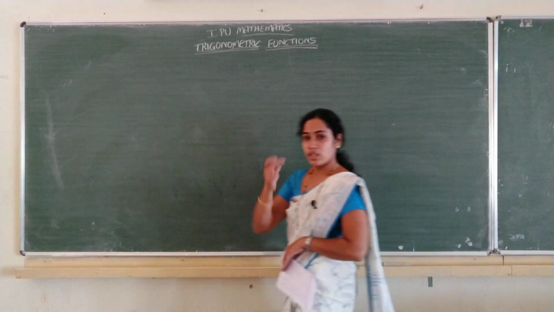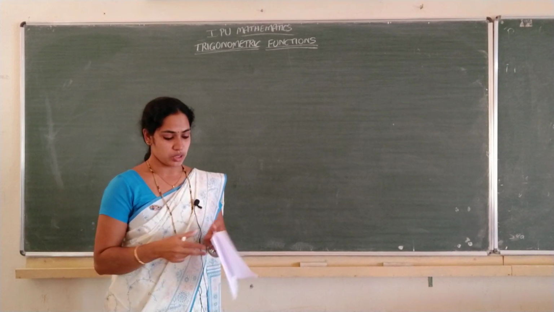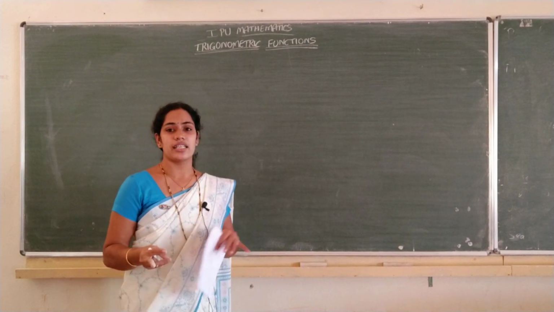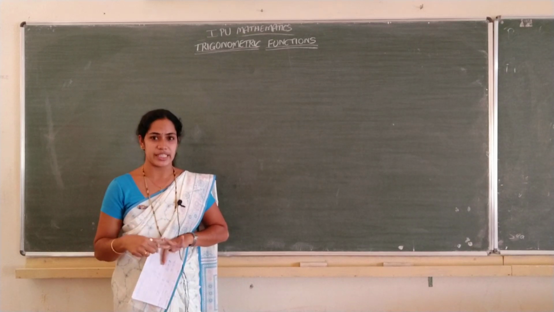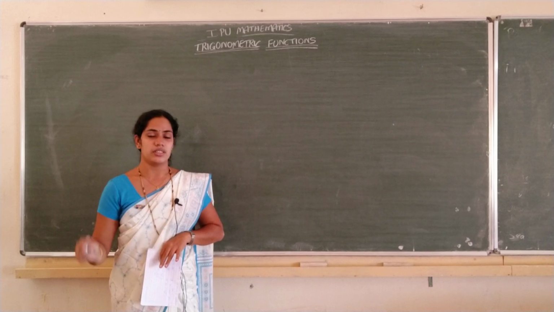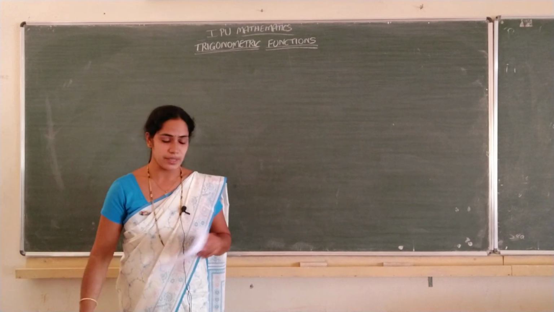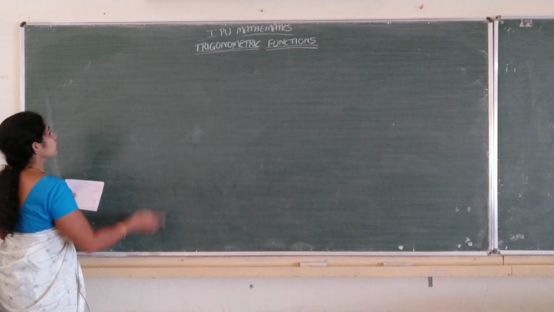And also, I hope you remember that standard table also. The values of sine, cos, tan in 30 degree, 45 degree, 60 degree, in 90 degree, like that, okay? That all discussed in previous classes.